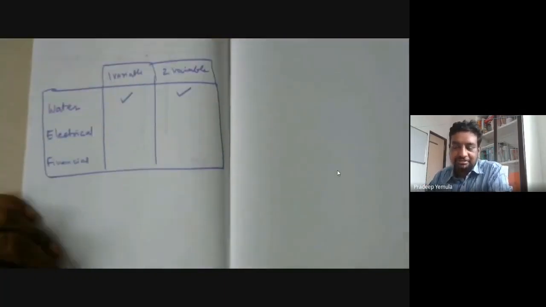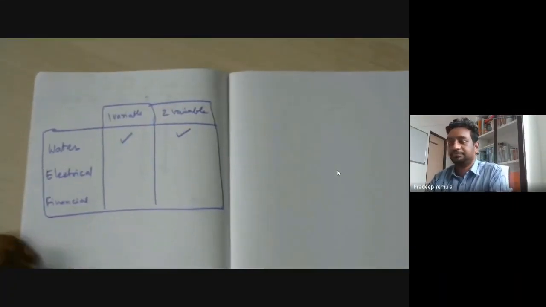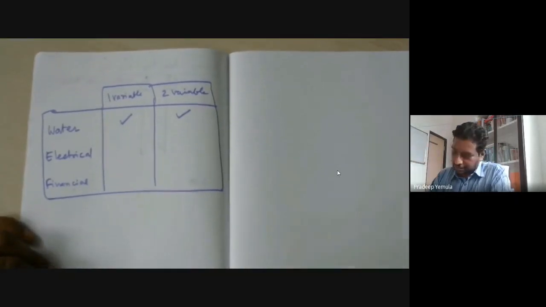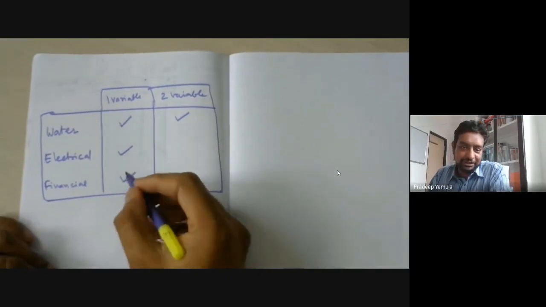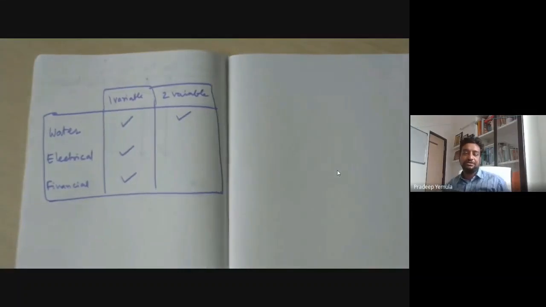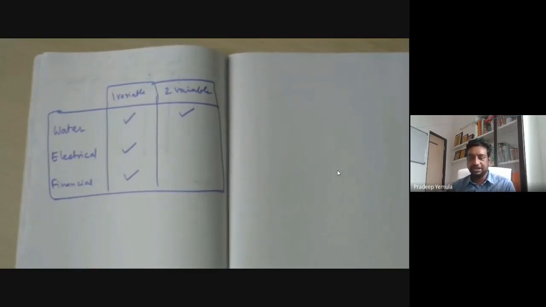Similarly, the electrical example with one variable we finished, and the financial example with one variable we finished. So obviously the next will be this and this. Can you suggest what kind of circuit we will have if we want to study a two variable circuit?